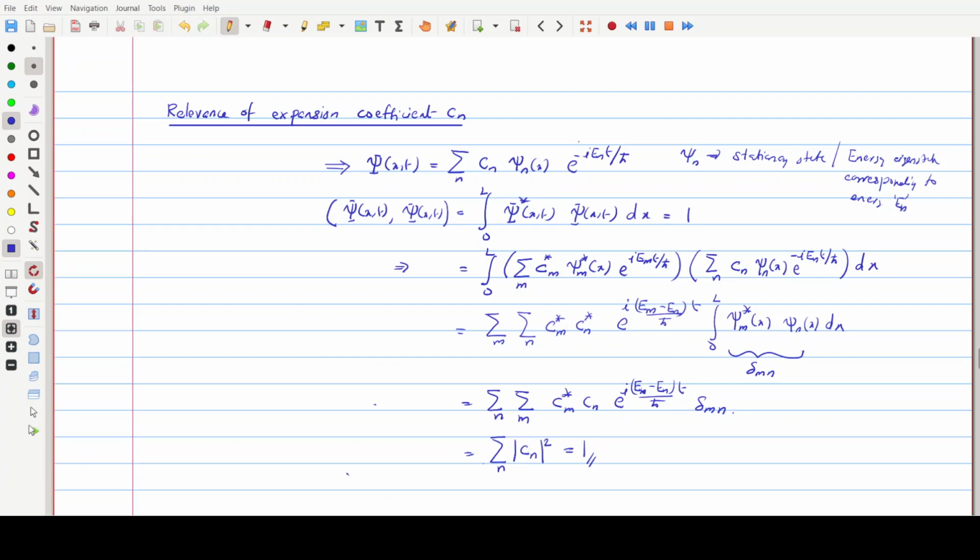Then this En is the energy corresponding to the energy eigenstate psi n. So here there is an expansion coefficient Cn, and we are going to discuss the elements of Cn.